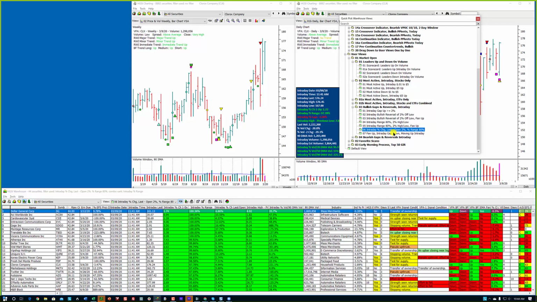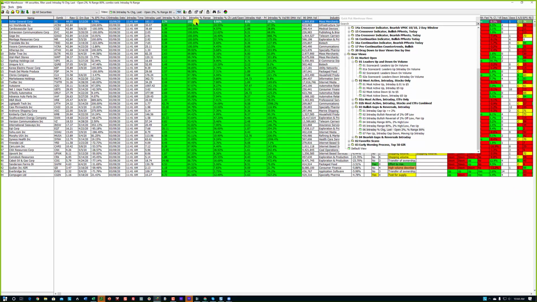And let's just look at these last two that I put in last week. The percent change, comparing the last to the open, has to be up 2% off the bottom and trading at 80% of the daily range. So these are stocks that have come back to the upper part of their range. You can see them.